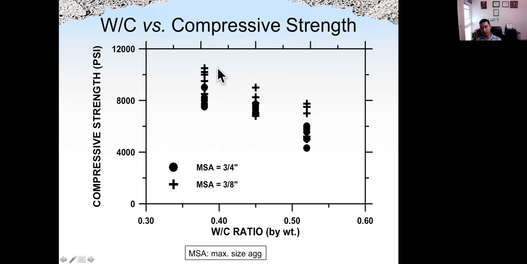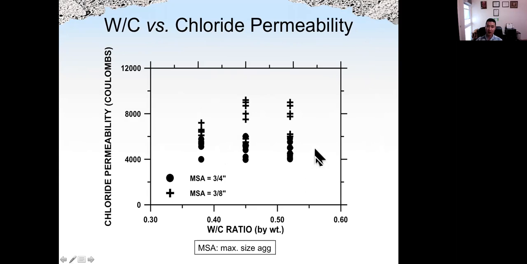For this one, lower water cement ratio, higher strength, very clear. But here, it's not as strong, because for the water cement ratio of 0.45 to 0.525, the difference in permeability is not as strong as in the previous one.